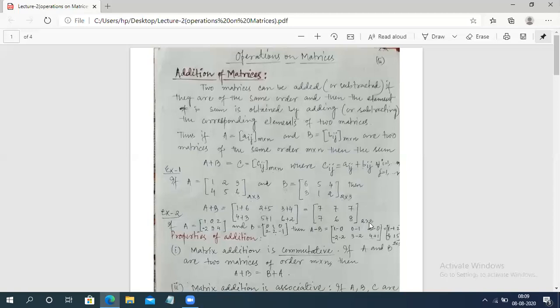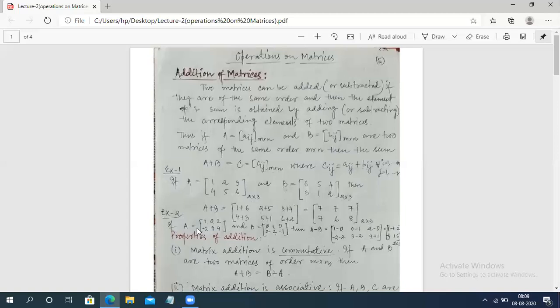So the property of addition is very simple, and the property of subtraction is again the same as the property of addition. Let us take an example to show how subtraction takes place. Suppose A is a matrix. We are again taking a matrix of order 2 by 3. You can take a matrix of any order.